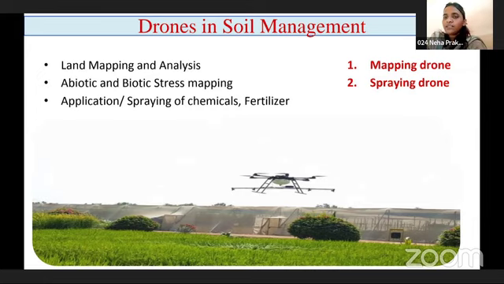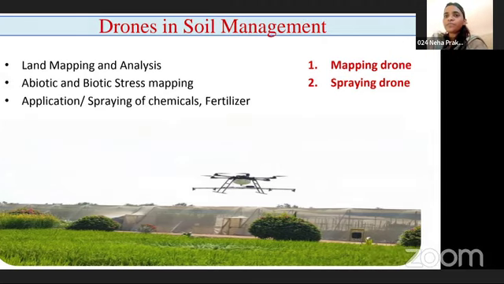We can map that with drone technology. And for the application of chemicals, by using drones we can spray our fertilizer in our field without labor. So these are the different technologies, the drones, that we are going towards in the future.